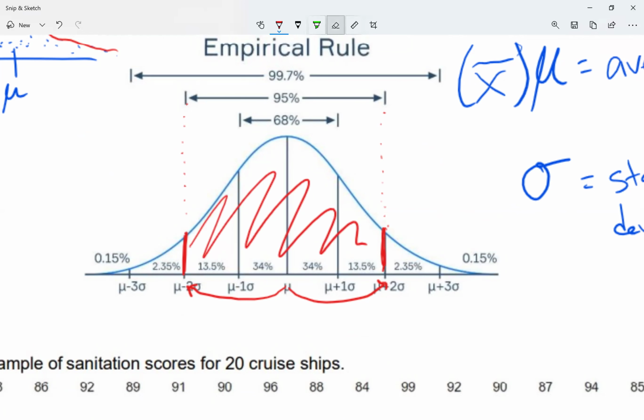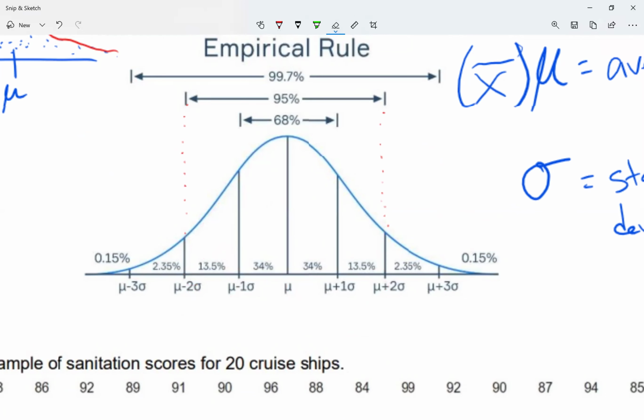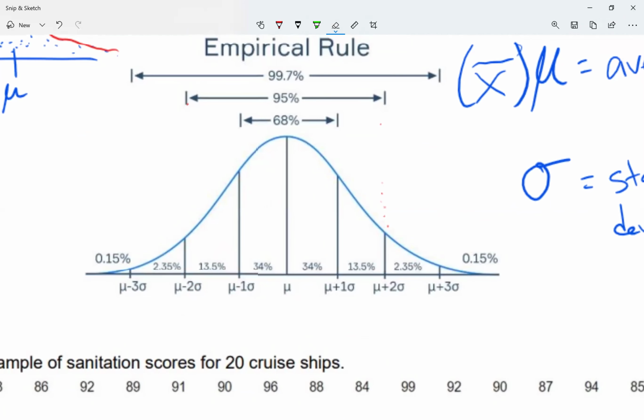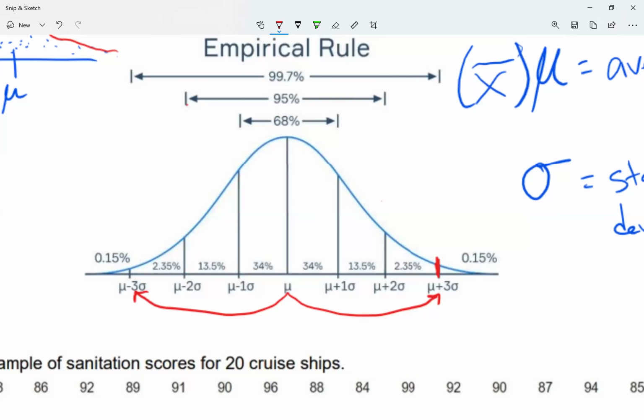But then another thing we have: what if I go from our mean as far right as 3 standard deviations, and as far left as 3 standard deviations?